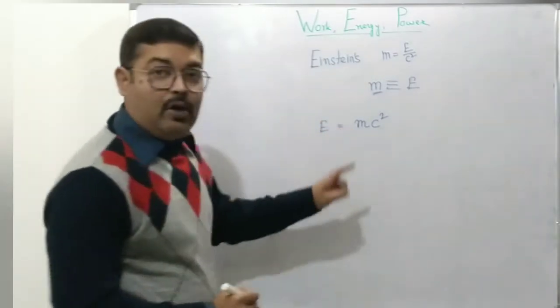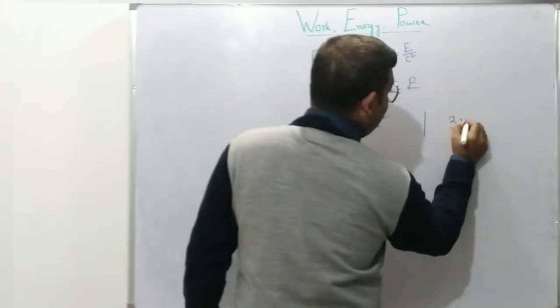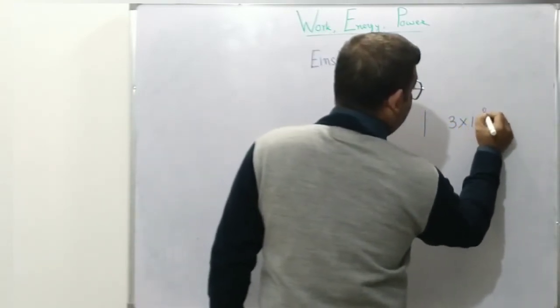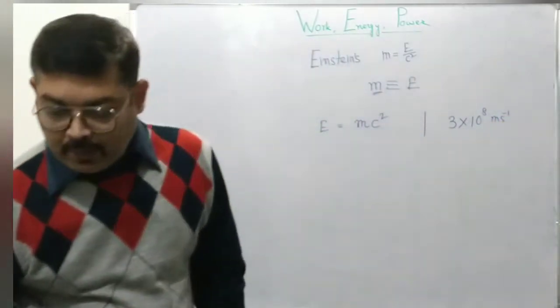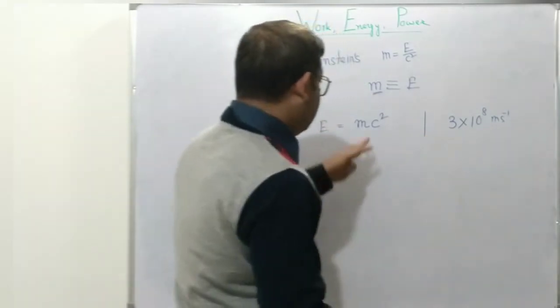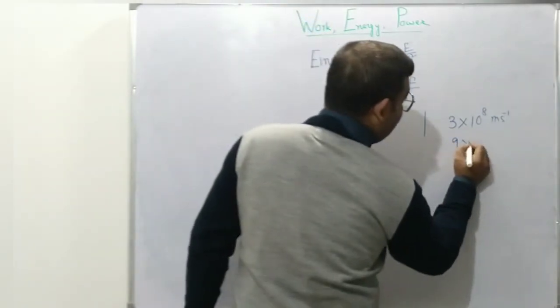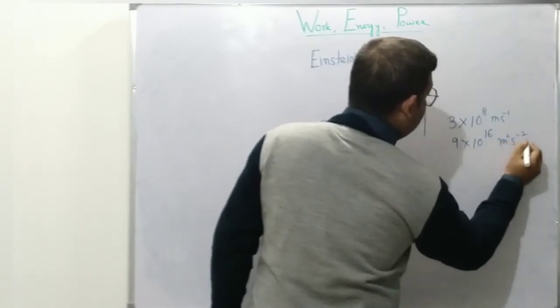Now remember, c itself is a very, very large number. It's approximately 3 into 10 to the power 8 meter per second, right? Speed of light. So square of c will be 9 into 10 to the power 16 meter square per second square.